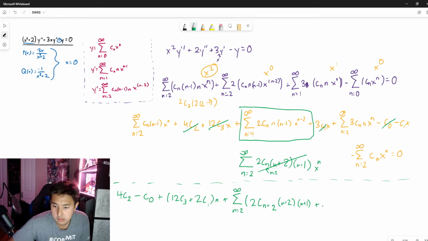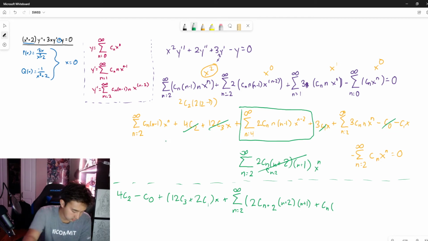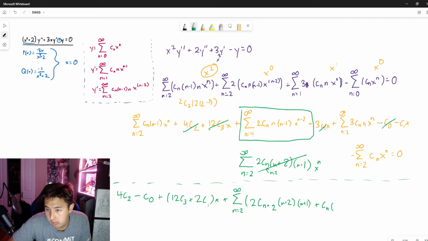Plus Cn. These are all the values with Cn tacked on. So we have n squared minus n plus 3n minus 1, just to save space.